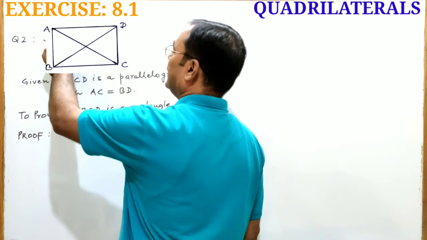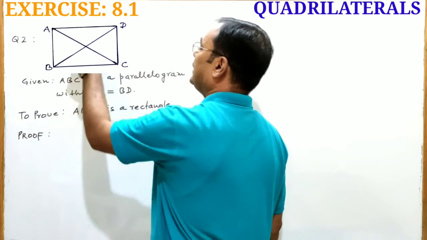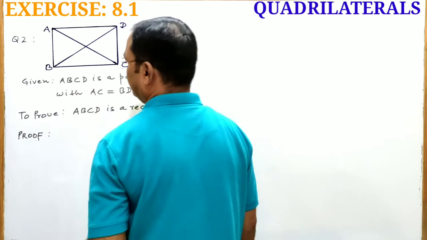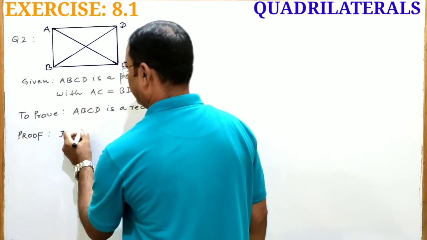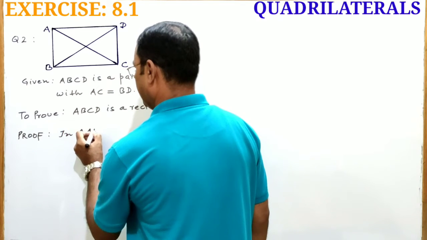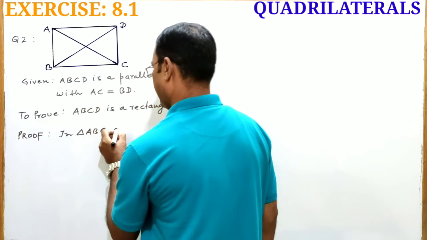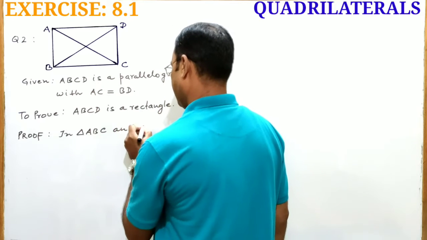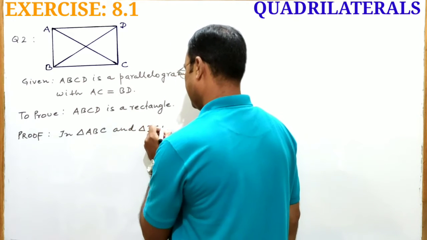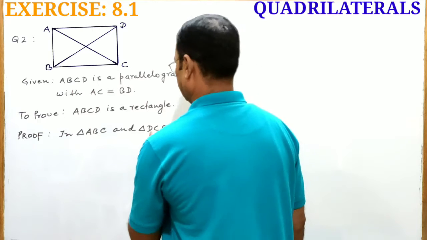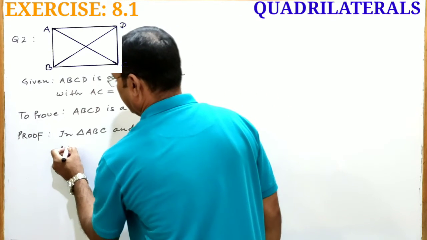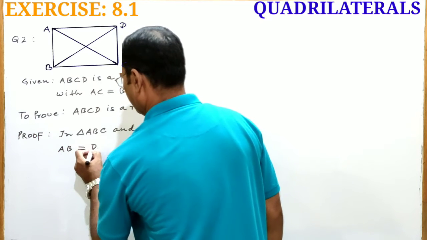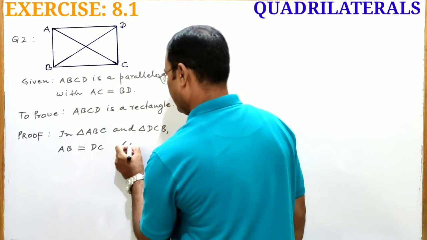Let us take triangle ABC and DCB. In triangle ABC and triangle DCB, we have AB is equal to DC.